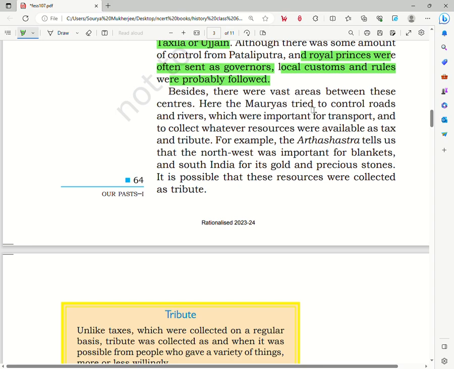Here, the Mauryas tried to control roads and rivers, which were important for transport, and collect whatever resources were available as tax and tribute. For example, the Arthashastra tells us that the northwest was important for blankets and South India for its gold and precious stones. It is possible that these resources were collected as tribute.